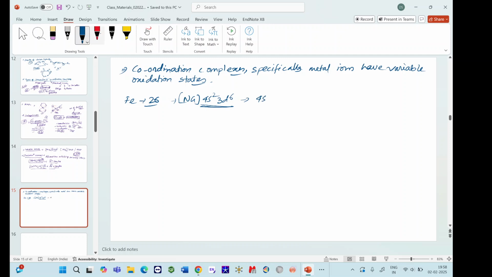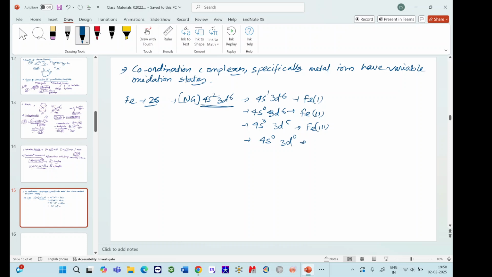You have 4s1, 3d6, then it will be Fe1, then 4s0, 3d6, Fe2, then 4s0, 3d5, you have Fe3, and so on and so forth. You can go up to full oxidation.